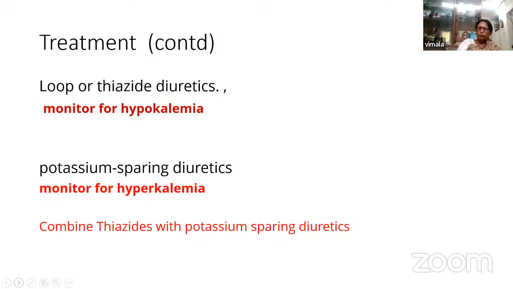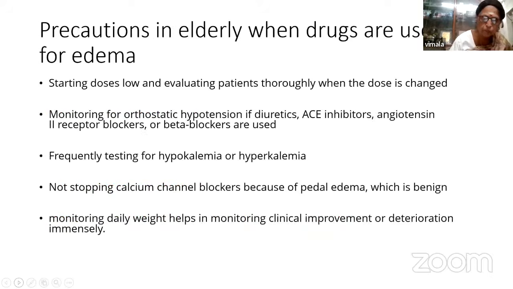And whenever somebody loses potassium, especially in liver disease, hypokalemia can precipitate hepatic encephalopathy. If you use potassium sparing diuretics like aldactone, triamterene, etc., you have to monitor for hyperkalemia. So the best bet is to combine thiazides with potassium sparing diuretics if the renal function is relatively normal.